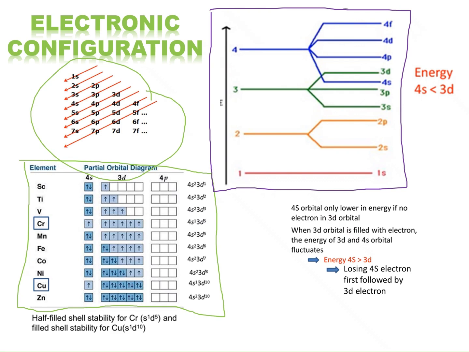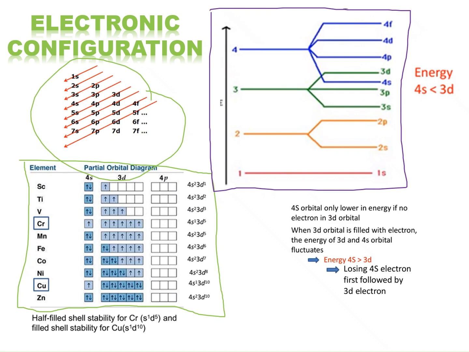When n equals 2, there will be s and p. When n equals 3, there are s, p, and d. And when n equals 4, there are s, p, d, and f. So the increment in the number of n will add to the types of orbitals.